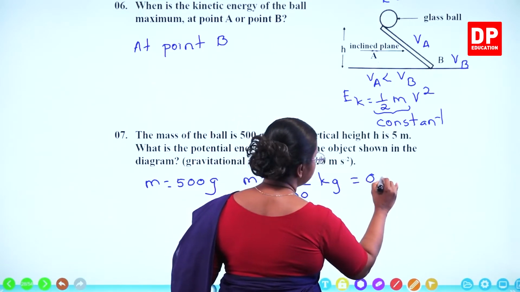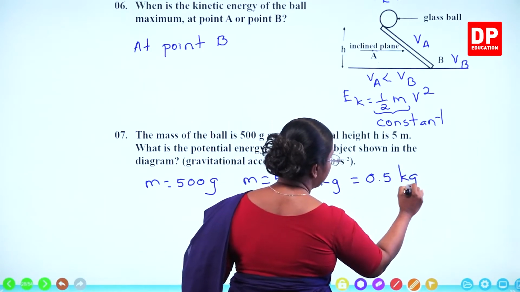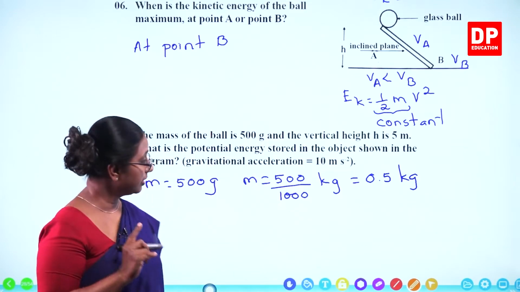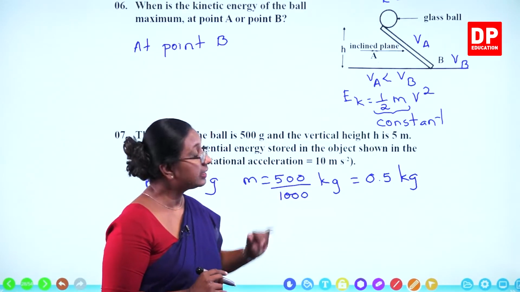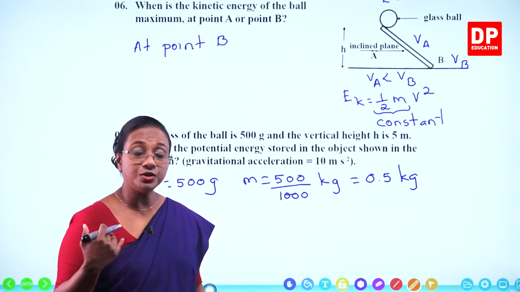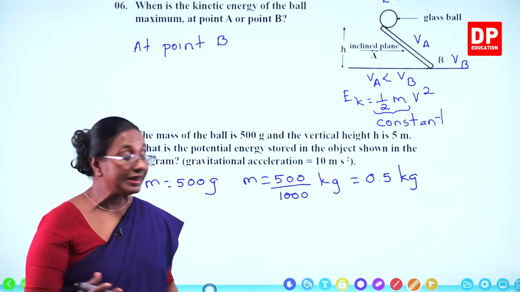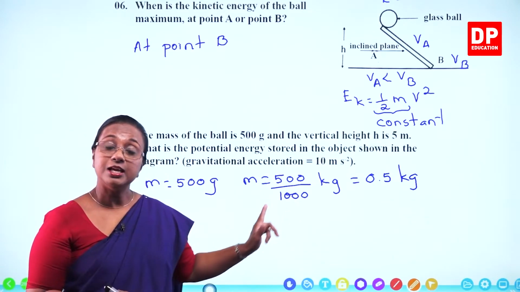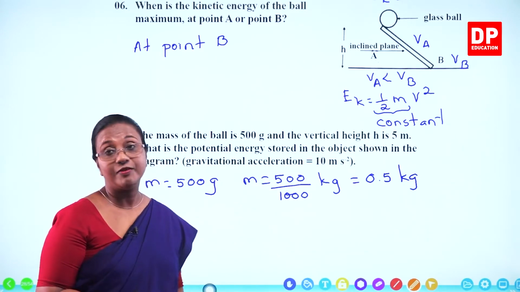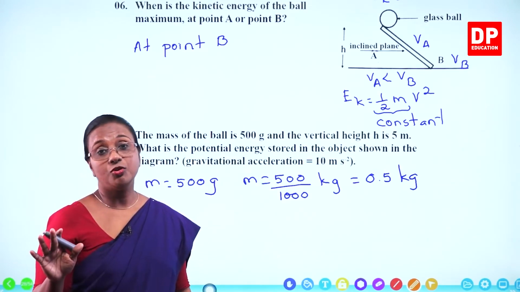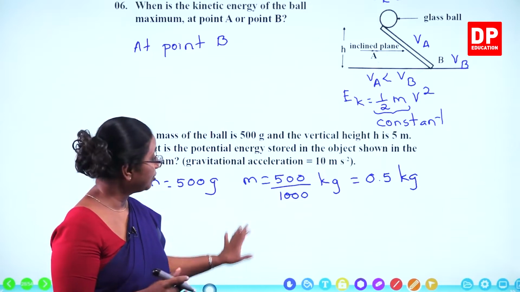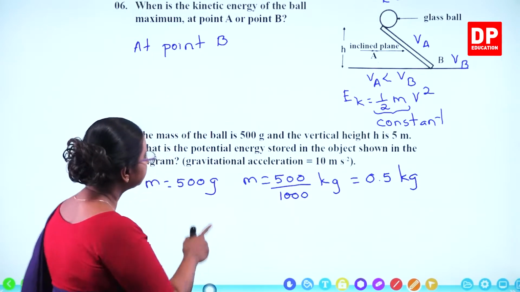That is 0.5 kilogram. Like I told you all before during the lesson also, you can do the conversion here and substitute, or you can substitute with the unit conversion. In the equation itself, you can divide 500 by 1000. It's up to you all. Whatever method is easy for you, you can follow that method.